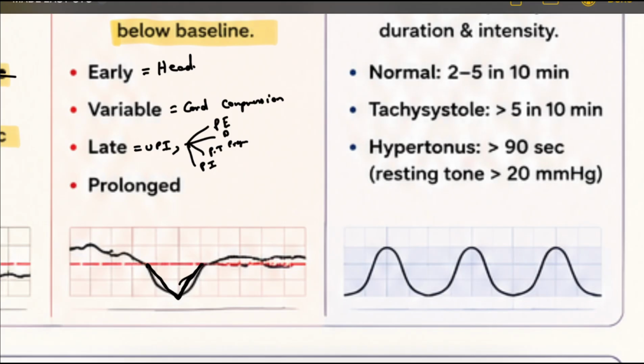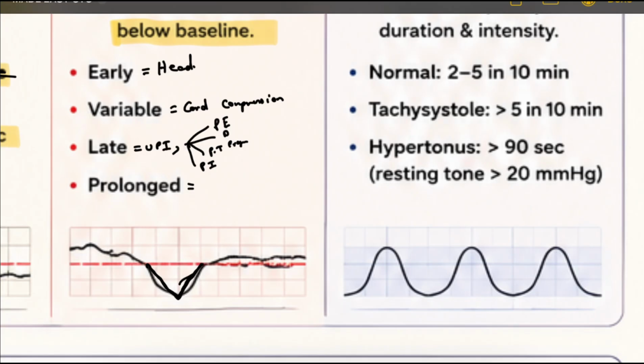Okay, next, the last one we can see is prolonged deceleration. If the heart rate decreases by greater than or equal to 15 beats per minute, lasting 2 to 10 minutes, the main causes are cord prolapse, maternal hypertension, uterine hyperstimulation, and placental abruption. Okay, so these are the things we can see.